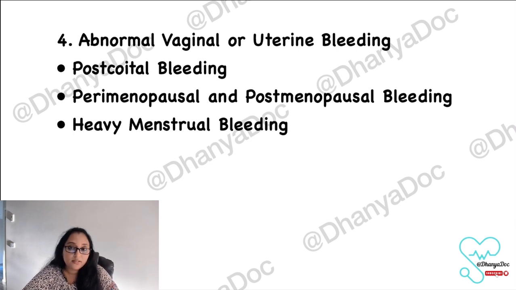And they will ask questions based on postcoital bleeding in a young patient, an elderly patient or a postmenopausal patient. They will also ask about regular menstrual cycles, heavy menstrual bleeding, perimenopausal bleeding and postmenopausal bleeding, like that. So you should be thorough with the different causes in different age groups. That is another important topic.